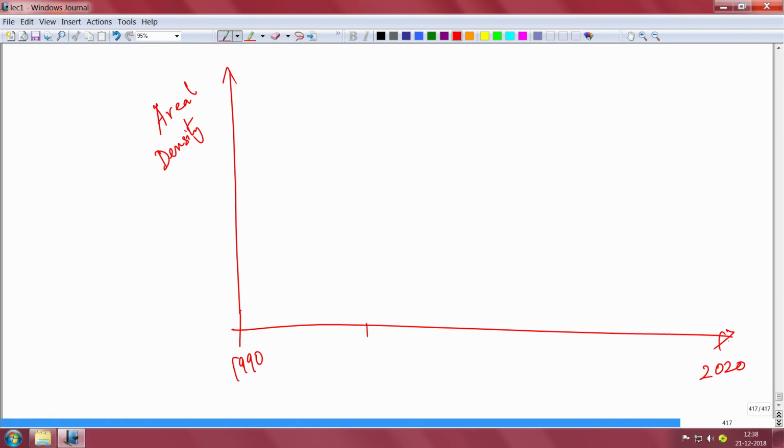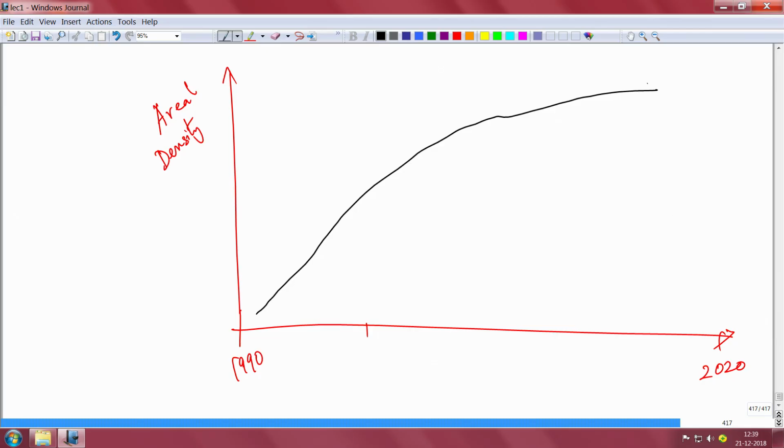Your magnetic hard drive and your solid state drives have gone up steadily over these years, increasing in their areal density. One of the curves is going like this, for example. This is your hard drive.